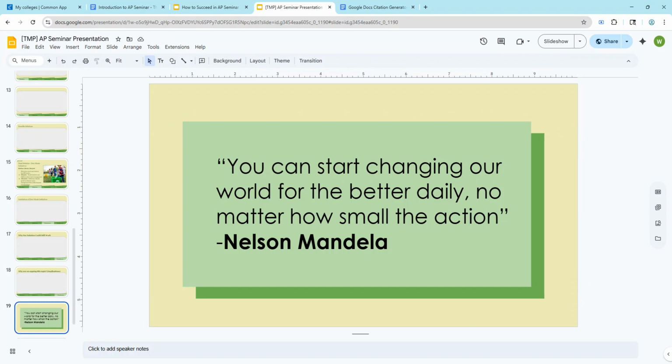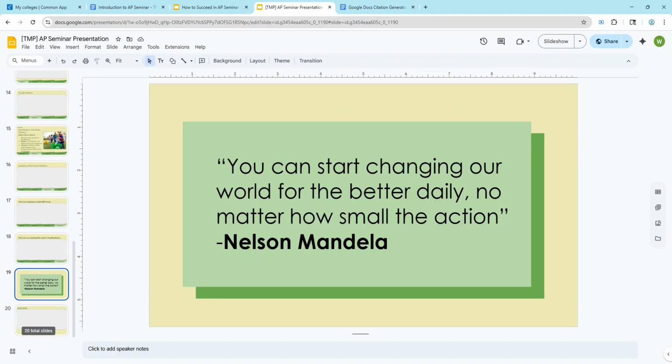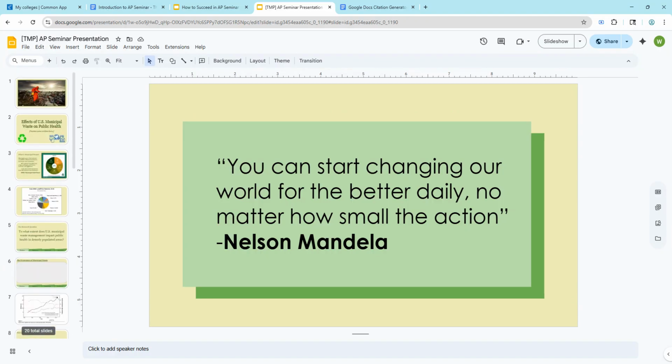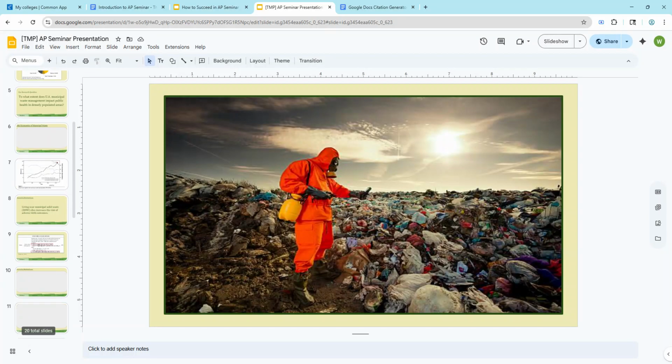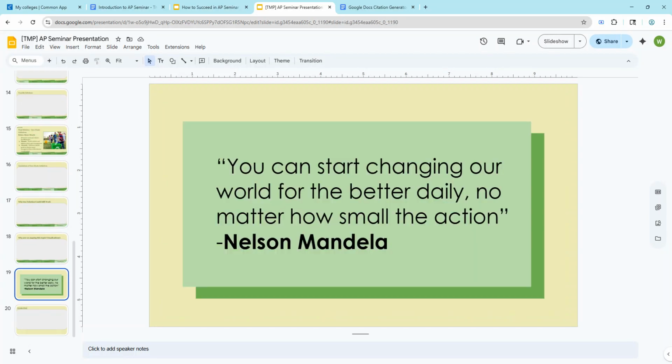You can start changing our world for the better daily, no matter how small the action. So that gave us a very powerful close. So you see how we began with a story and we ended with this powerful quote to wrap up that story. So, yes, don't leave your story hanging, tie it back if you do decide to go this route.